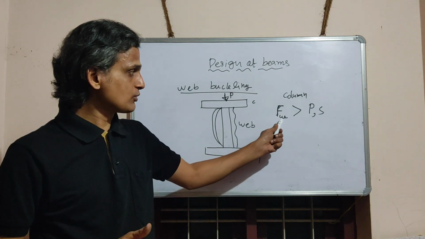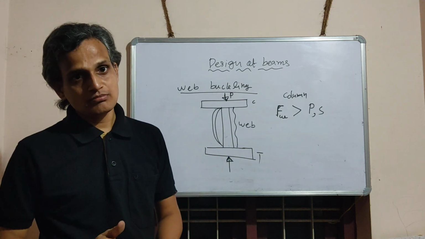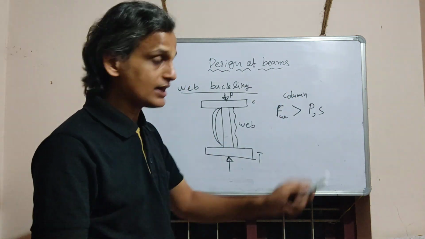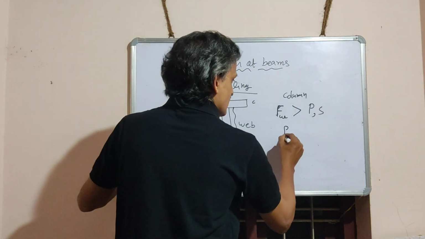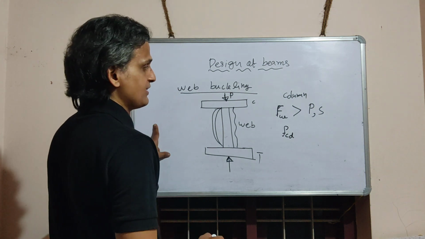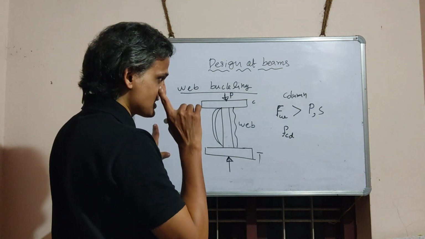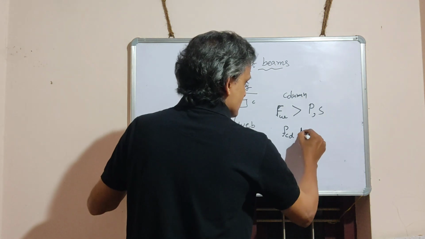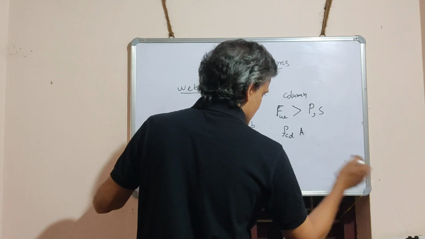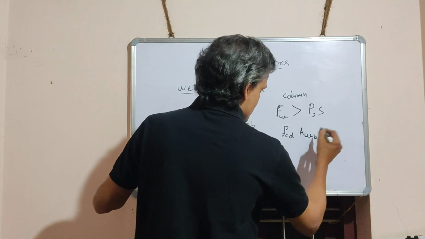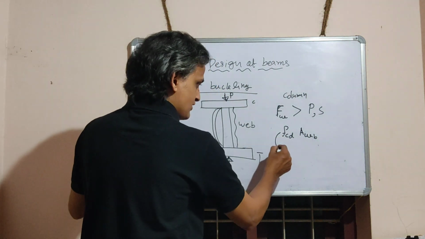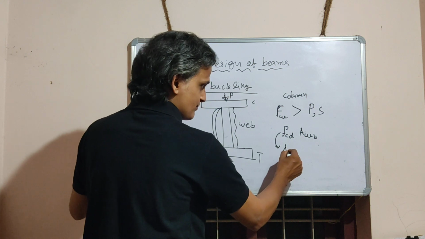Now, how will we calculate this one? For this, as I said earlier, it is behaving as a column. So, the compressive strength FCD, that is the term used in IS 800, into this web buckling area, let it be AWB, depending upon the slenderness ratio lambda.